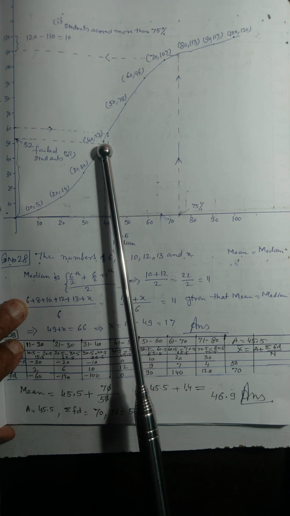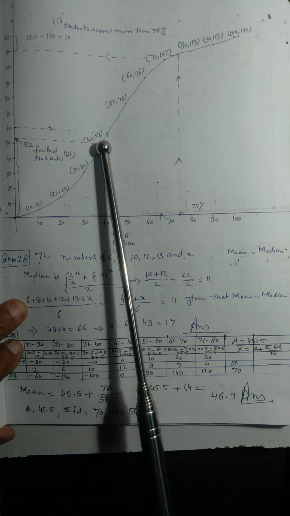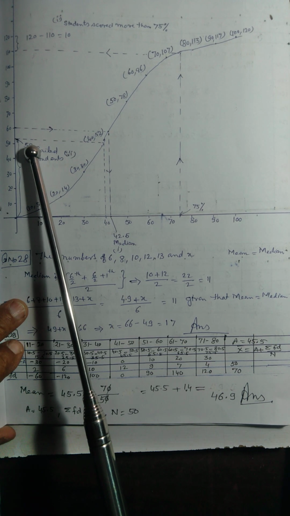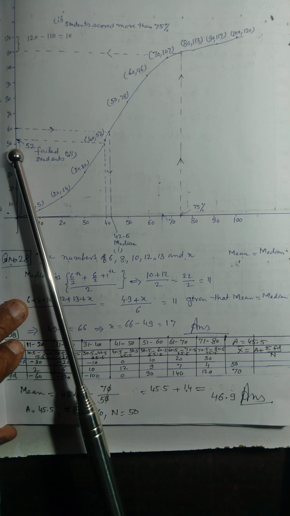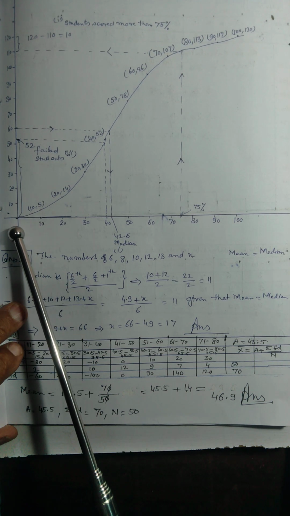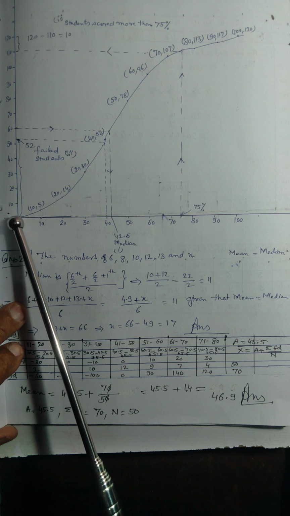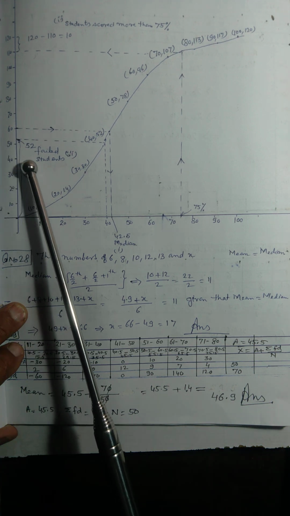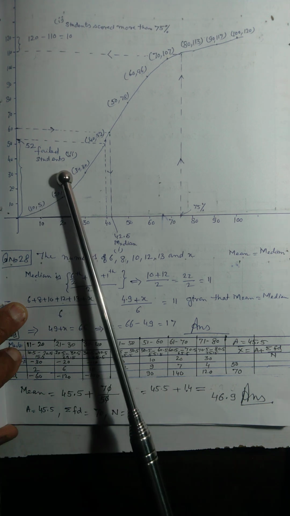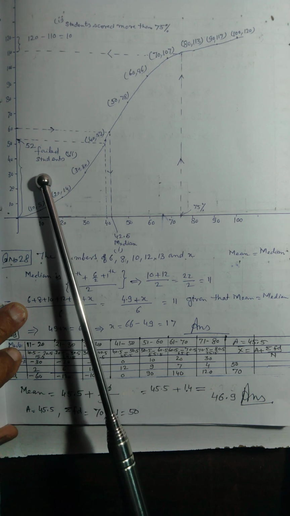From this intersection point, draw a line parallel to x-axis which intersects the y-axis at this point, that is 52. So from this point to this point means 52 students failed. Failed students are 52.